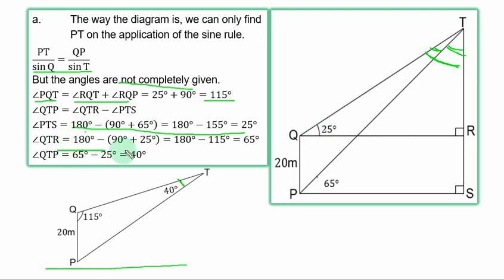You have the result to be 65 degrees. To get this angle, it becomes 65 degrees minus 25 degrees, and that is 40 degrees.